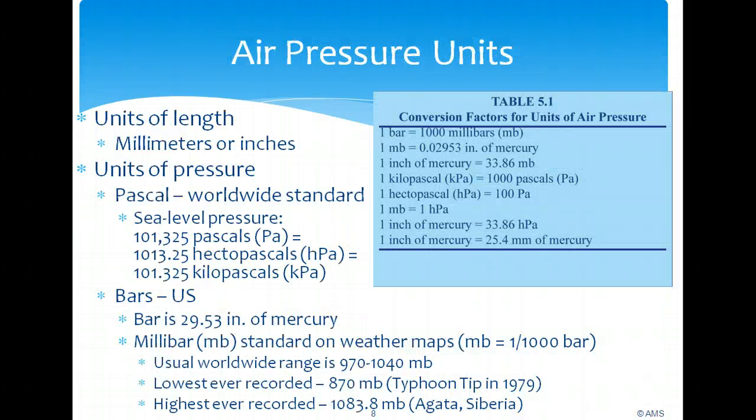If you were watching the Weather Channel and they were talking about air pressure readings, they would generally report these in millimeters or inches of mercury. However, scientifically it's more appropriate to measure these things in a unit of pressure, the Pascal. The Pascal is the standard metric unit of pressure.